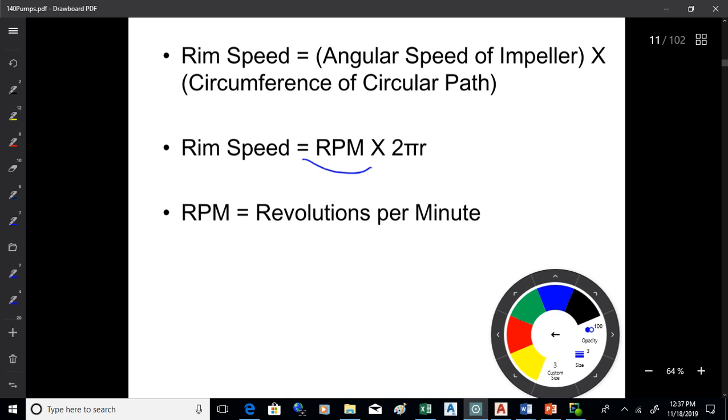So if you take RPM, which is the angular speed of the impeller, the revolutions per minute. A revolution is 1 turn of a circle. So an RPM is revolution per minute. If you then multiply that by 2 pi r, that's the circumference.